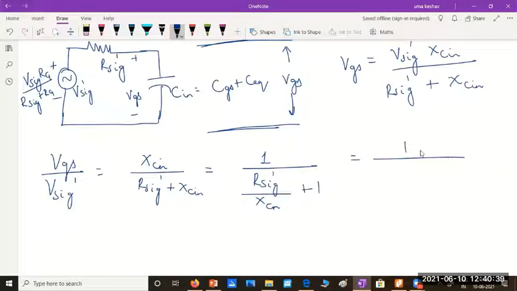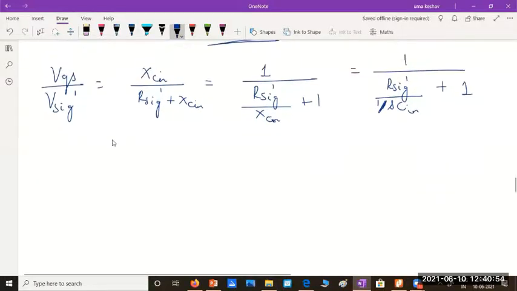I can write this as 1 by R sig dash plus S into C in, since XC in is S into C in, or 1 by S into C in plus 1. Yes or no?